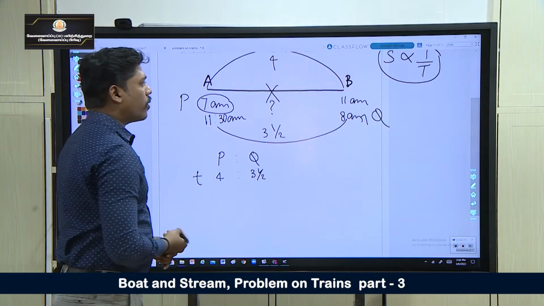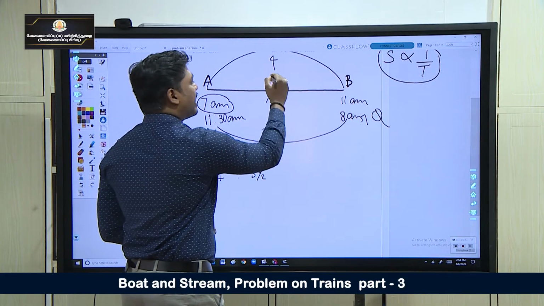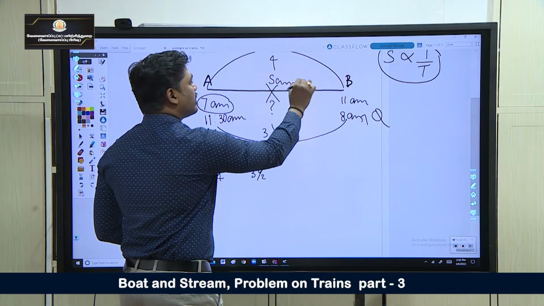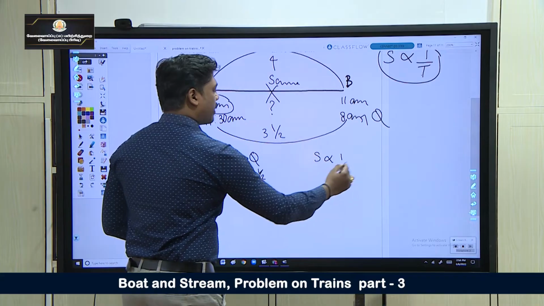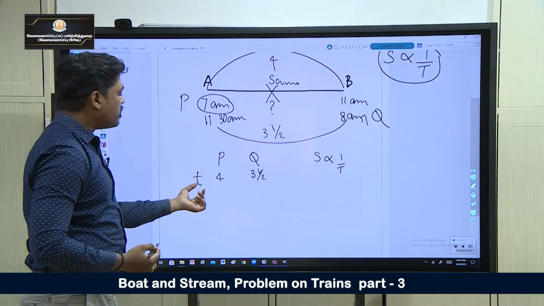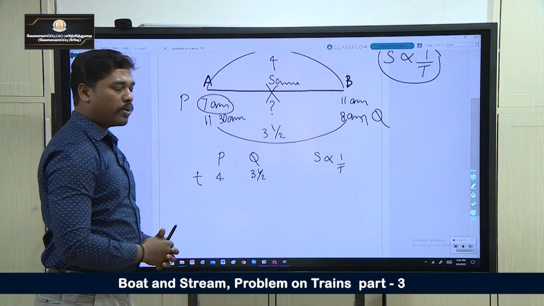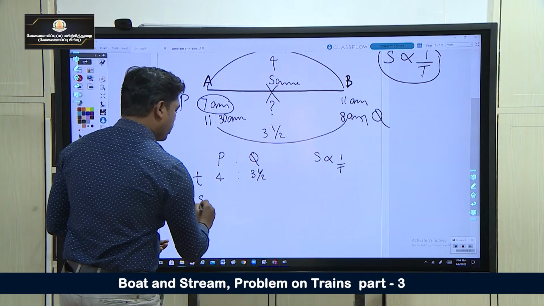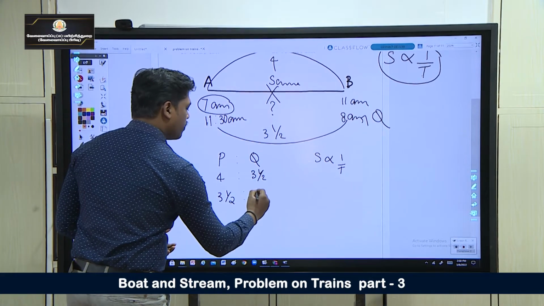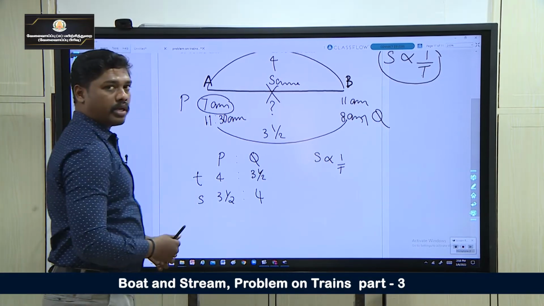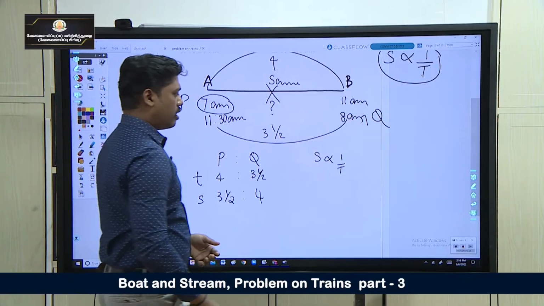Okay. So what I said, when the distance is the same, speed is inversely proportional to time taken. So the time is 4:3 1/2. What about speed? Speed would be 3 1/2:4, inversely proportional.